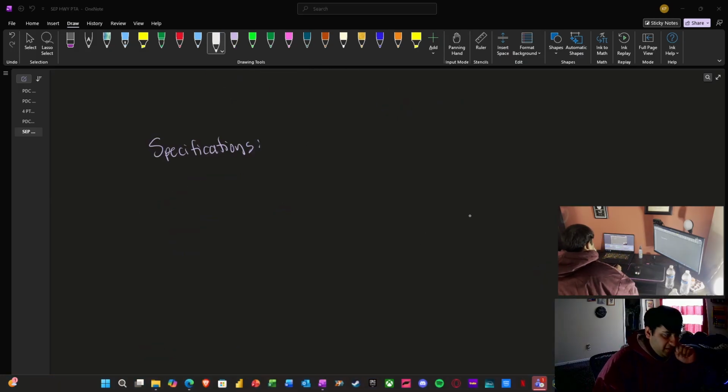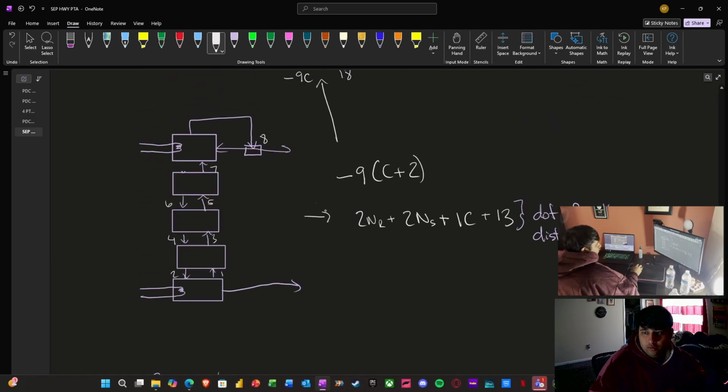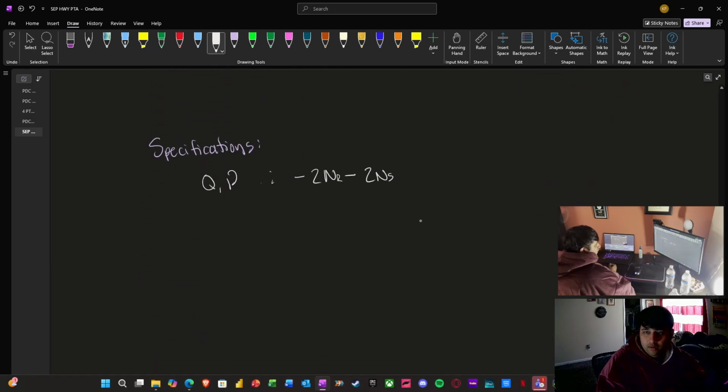And now we're going to go through specifications to cancel out how many degrees of freedom we need. If we look at Q and P, we're left with negative 2nr minus 2ns, which if we take out from this equation, we are left with C plus 13.